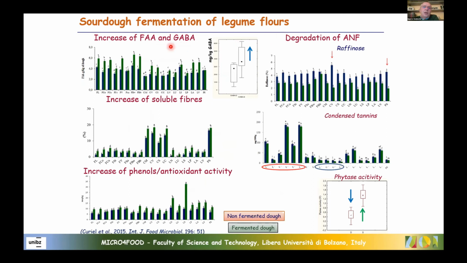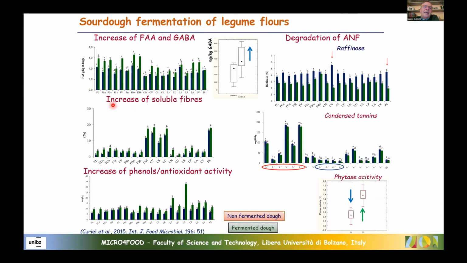you can get an increase of the content of free amino acids, which has a nutritional repercussion, a digestibility repercussion, also including some amino acid derivative like the gamma aminobutyric acid that has also, beyond nutrition, a physiological role.